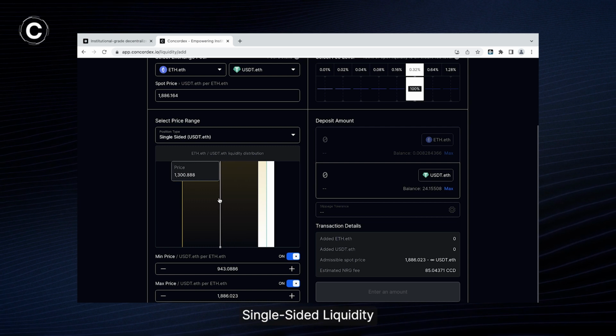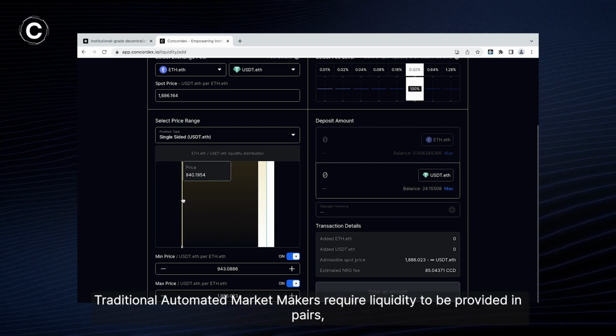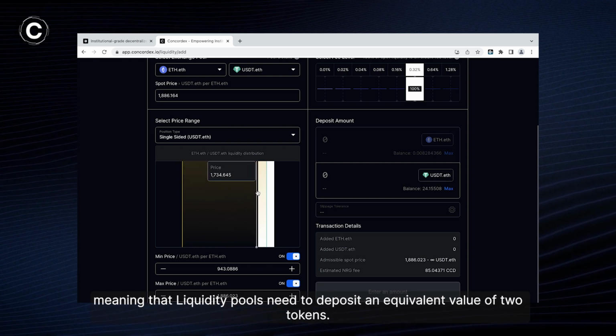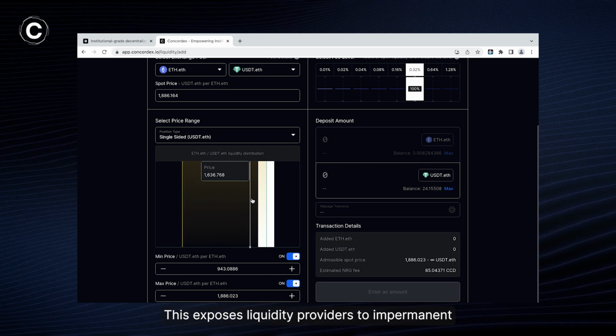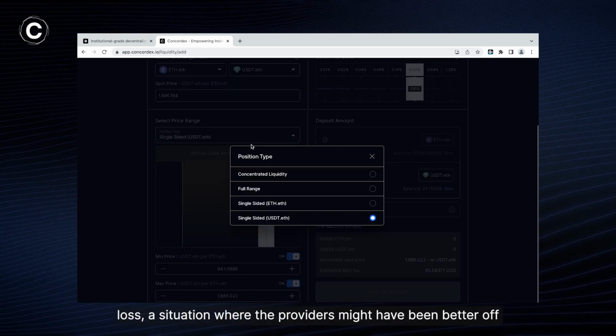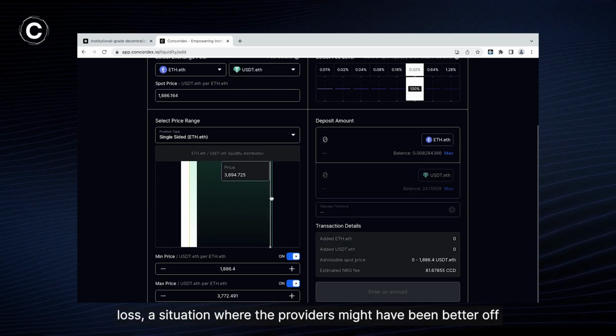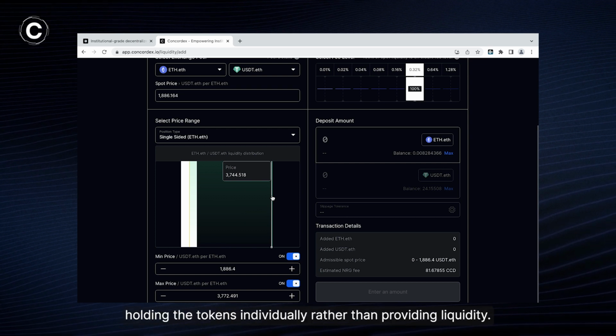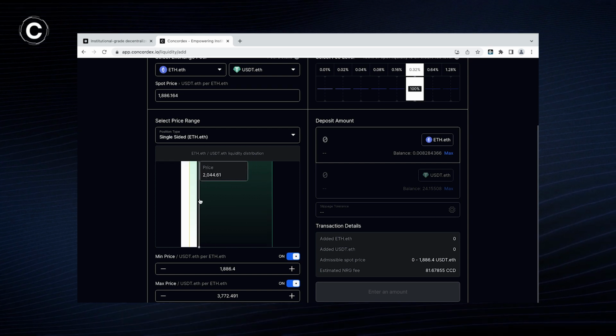Single-side liquidity. Traditional automated market makers require liquidity to be provided in pairs, meaning that liquidity providers need to deposit an equivalent value of two tokens. This exposes liquidity providers to impermanent loss, a situation where the providers might have been better off holding the tokens individually rather than providing liquidity.